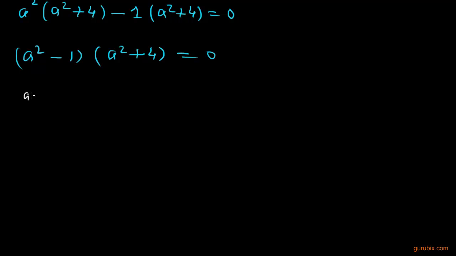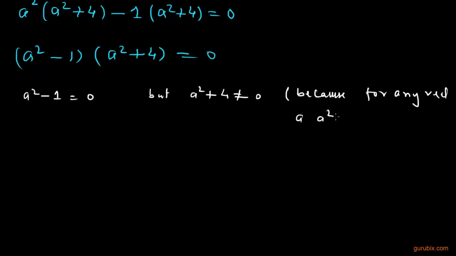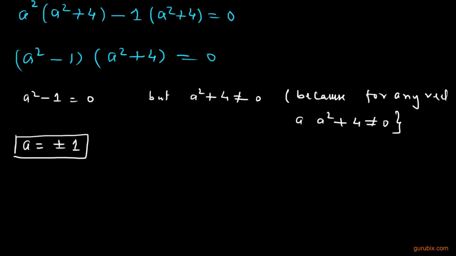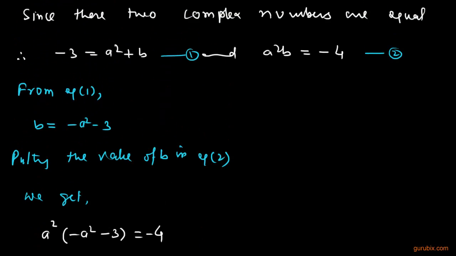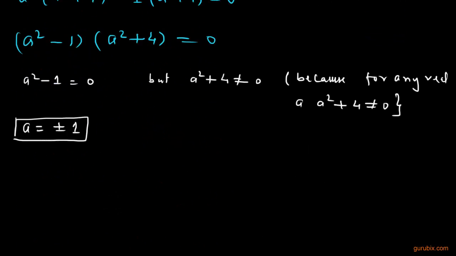Now we have a square minus 1 equals 0, but a square plus 4 is not equal to 0, because for any real a, a square plus 4 is not equal to 0. Therefore we have a equals plus minus 1. So these are the two values of a, and now we shall put these two values here in equation number 1 to get the value of b.